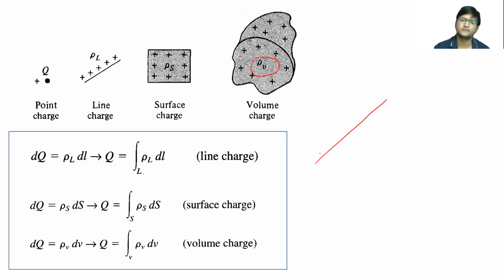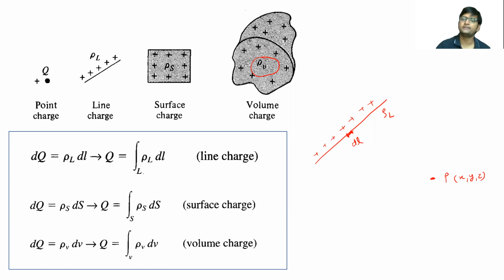For example, if there is a charge which is distributed over a line, let me call this charge density rho L. And if you have to calculate the electric field due to a very small line element, let me call it dl, at a particular point P, which I may call X, Y, Z, you will first have to find the charge on this dl.